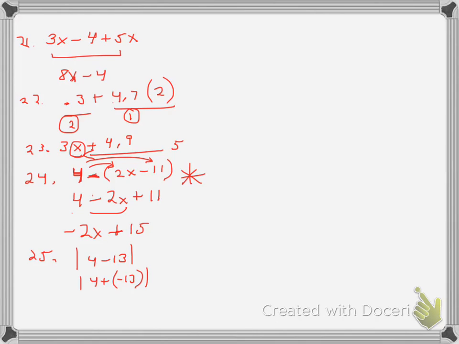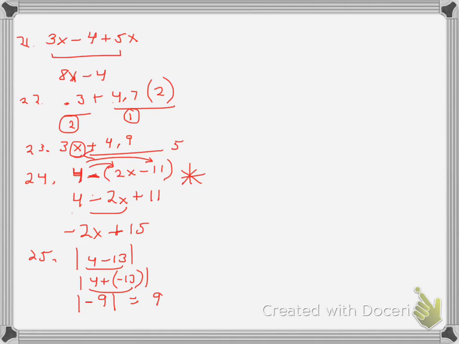So opposite signs take the difference, which is 9. My greatest value is not the 4, but the 13, so I would take the sign associated with that, and the absolute value of a negative would be its positive counterpart. Now make sure that you are simplifying what's inside here first before you take your absolute value.